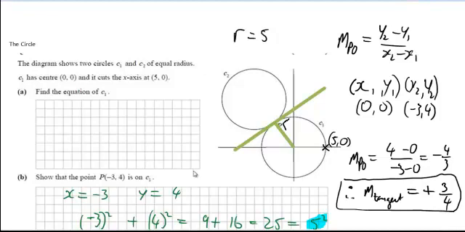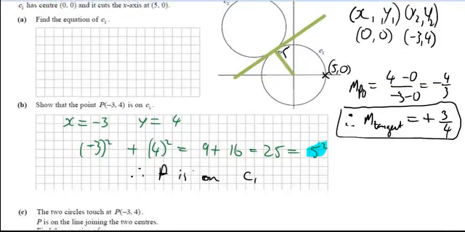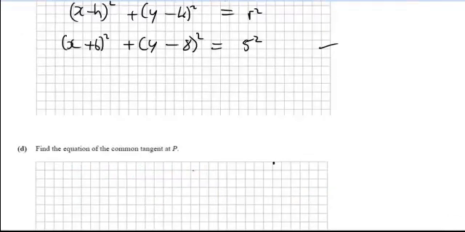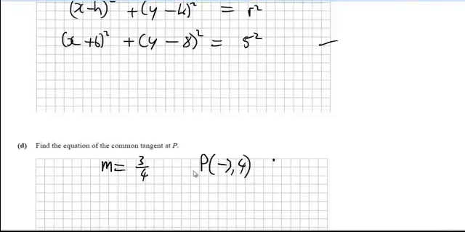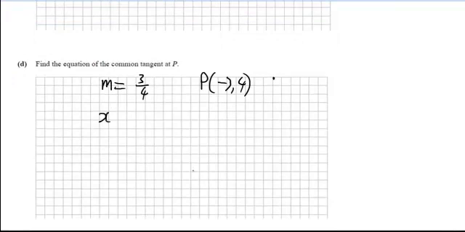And to get the equation of a line, all you need is a slope and a point. So I can go down to the box there and fill that in. I know that the slope is equal to 3 over 4, and I know that the point P is (minus 3, 4), and as ever with these, always write in your equation y minus y1 equals m times (x minus x1).